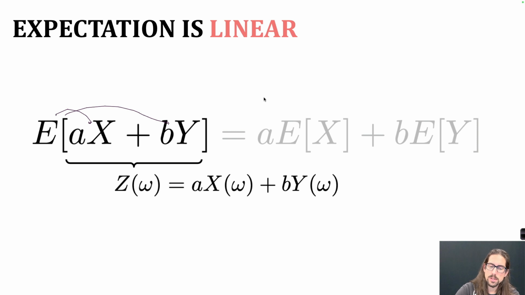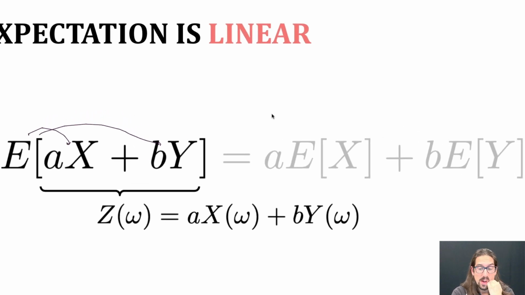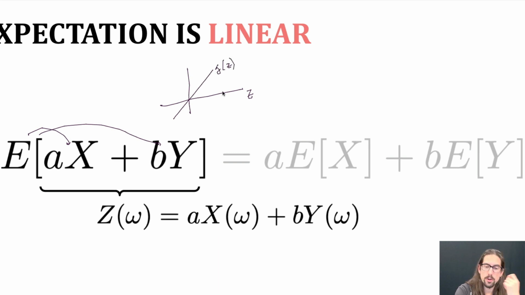Okay. So the reason this is called linear is, if you have a function g of z, for numbers z that are single dimensional, we know that the equation for such a thing is just m times z. So this is the slope of the line.